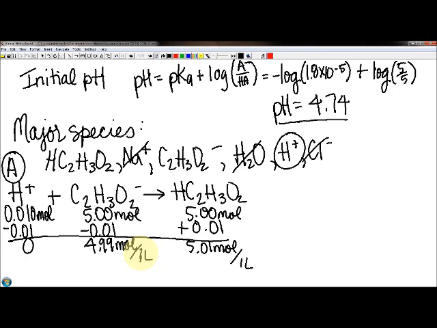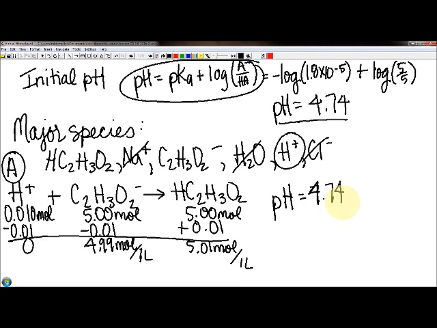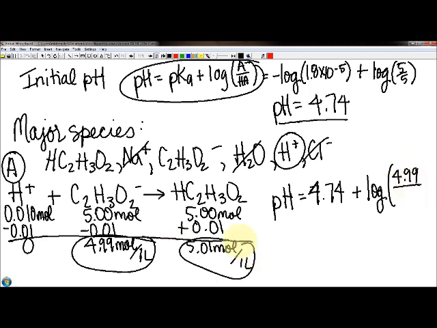Now we can figure out our new pH using the equation that we used before. The pH is going to be equal to the pKa, plus the log of our ratio. We're just going to plug in what our initial pH was, the 4.74, as our pKa. We don't need to solve that again. The ratio is conjugate base over acid, so we take our conjugate base number, the 4.99, over the acid, the 5.01.